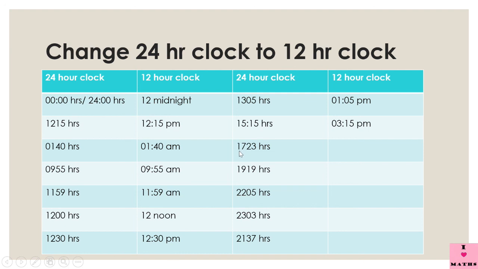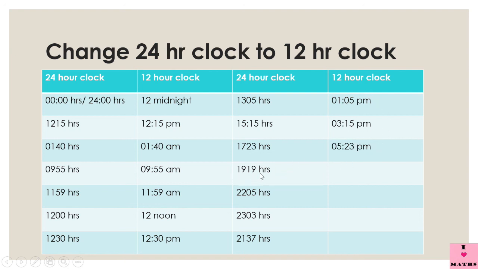Again we will subtract 12 from 17 and we will get 5:23 PM. Whenever we are subtracting 12, children, remember, it will be PM only. See, in all the above three places we have written PM.